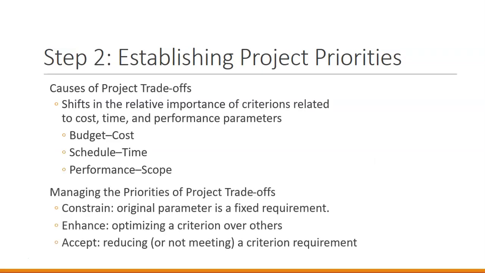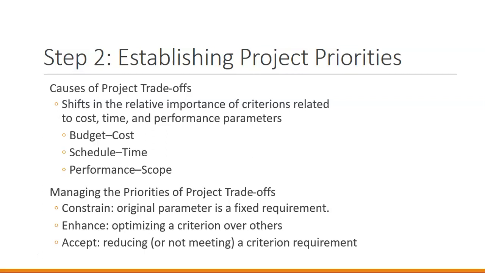Next, we're going to establish our project priorities. Within any project, we have constraints. We have a budget constraint. We want to keep within a certain type of cost. We have time constraints. And then we have the performance parameters. And so we want to look at what are those different trade-offs. If we are running short on time, would our management rather us go over time or over cost?